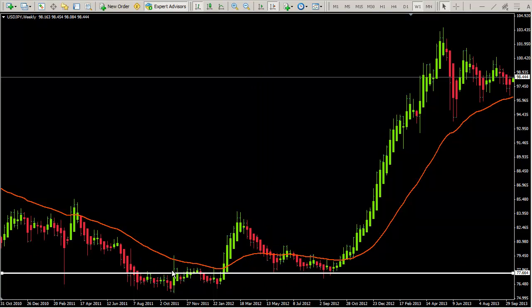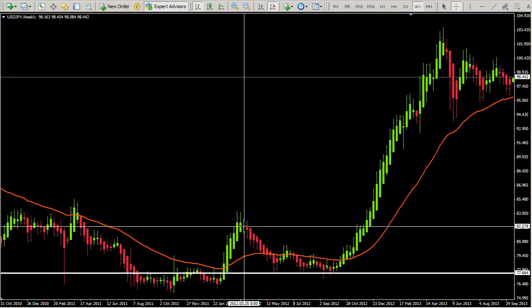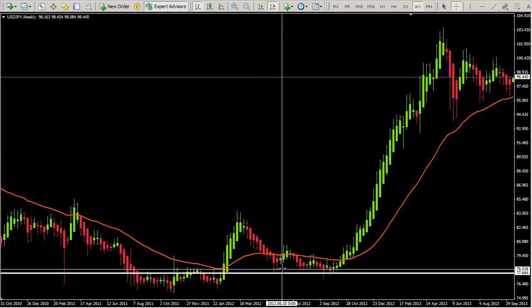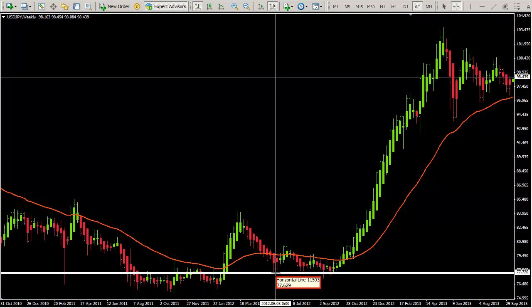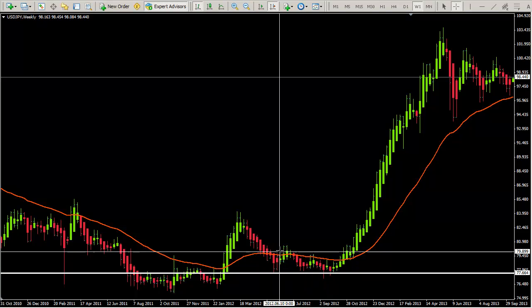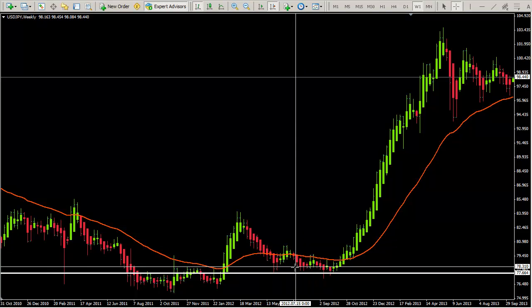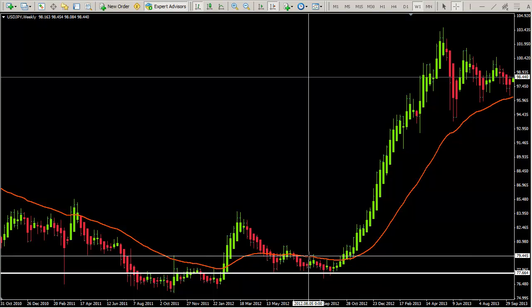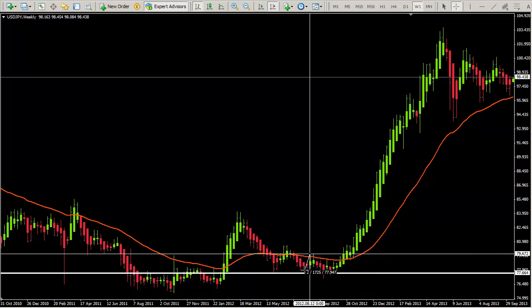Previously, this whole area here was resistance, right? So the price came back down. It bounced on here, moved up, came back down, bounced again, and moved up. And these little candles are sometimes, look at that, 200 pips.